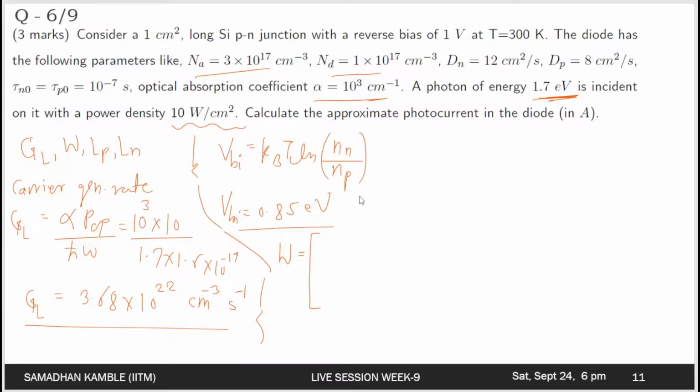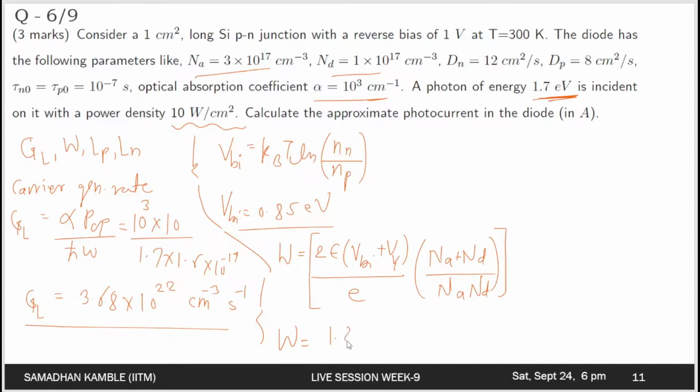We have seen it in the 6th or 7th week: W equals the square root of 2 times epsilon times the built-in potential plus the reverse bias voltage, divided by the electronic charge, times Na plus Nd over Na times Nd. Na and Nd are the doping concentrations. Again, a mere substitution will get the depletion width as 1.8 times 10 to the power minus 5 centimeter, around 18 micron, I guess.